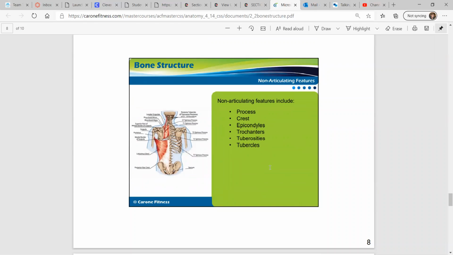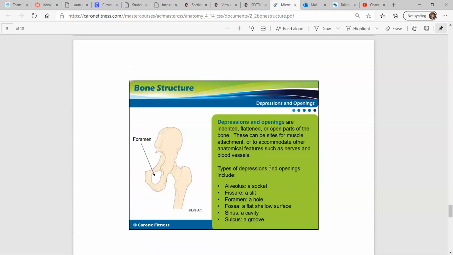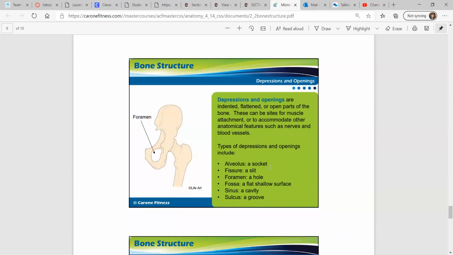Non-articulating features include process, crest, epicondyles, trochanters, tuberosities, and tubercles. Depressions and openings are indented, flattened, or open parts of the bone.